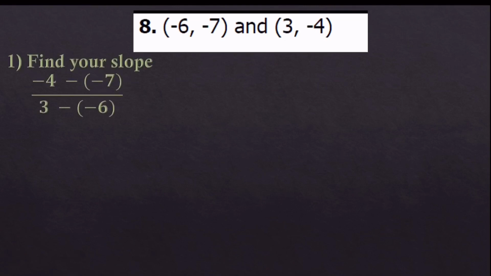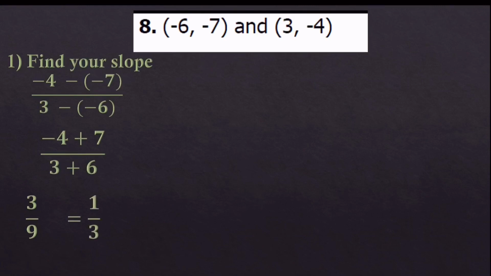What do I first need to find? I need to find my slope. It's going to be the change in my y's over the change in my x's. I rewrite that, and I end up with 3/9. But I can simplify that. Slope must always be simplified to 1/3.